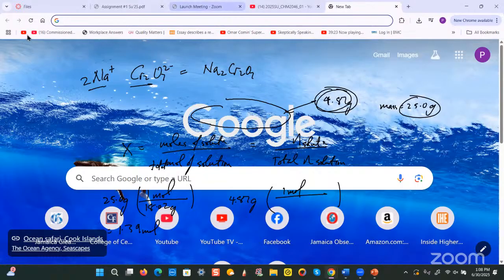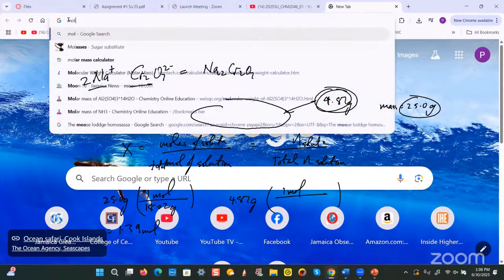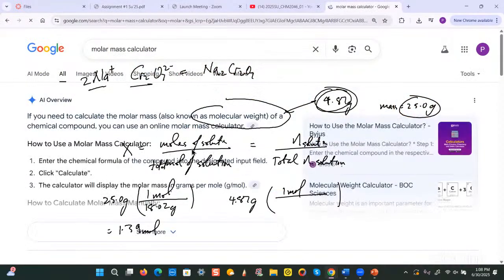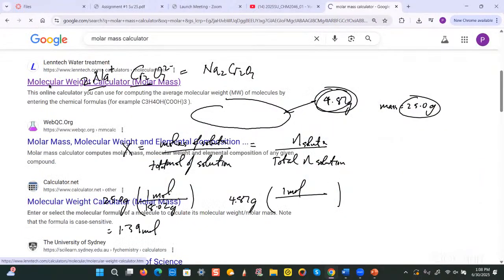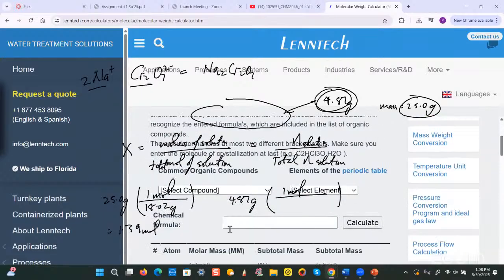Okay, what's going on here with my, okay. So, if I go here, all I have to do is enter the formula. Na2Cr2O7.